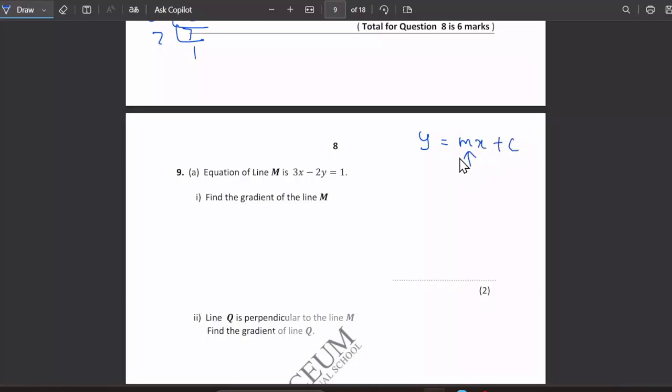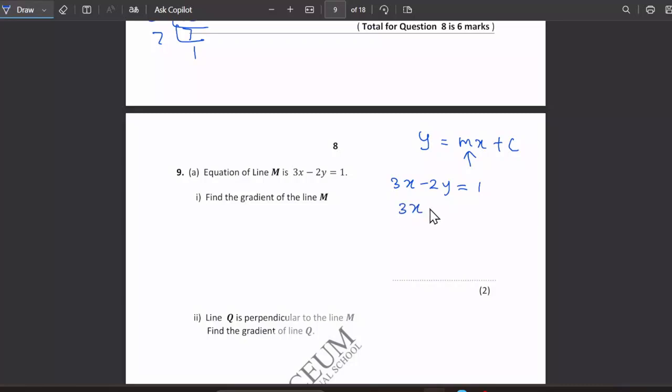So similarly, if we convert this given equation into this type of form, we can find the answer. Okay, so this is 3x minus 2y equals 1. So we have to make it this form. Okay, so we have to isolate y on one side.